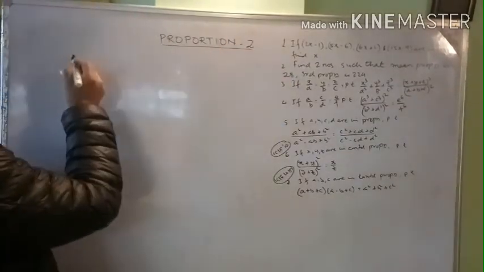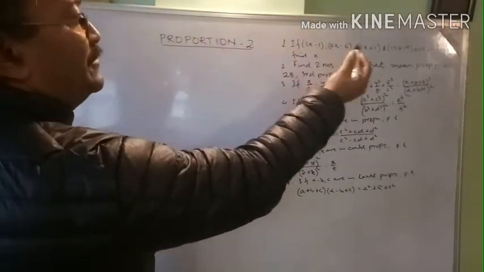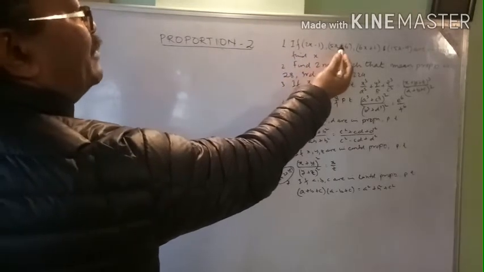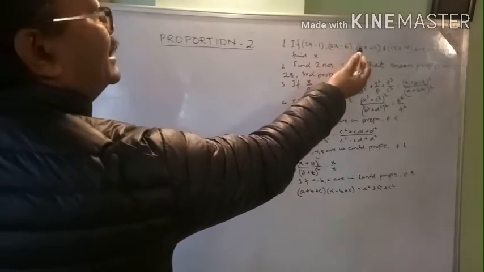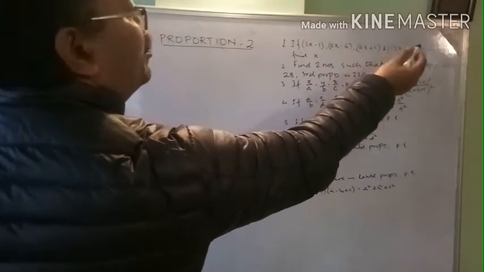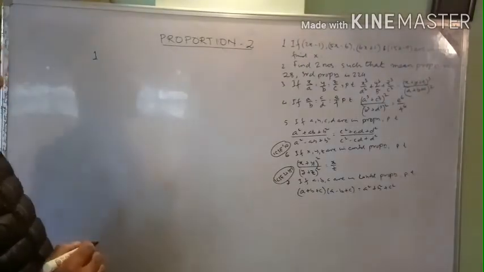So question number 1, what is given? If 2x minus 1, 5x minus 6, 6x plus 2 and 15x minus 9 are in proportion, find the value of x.